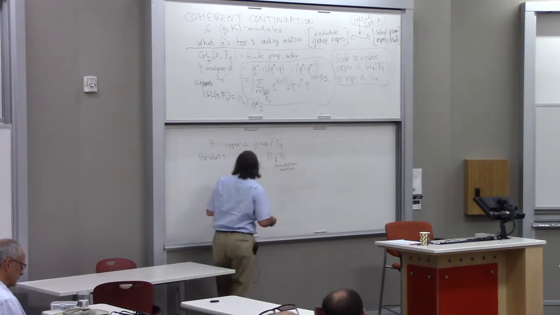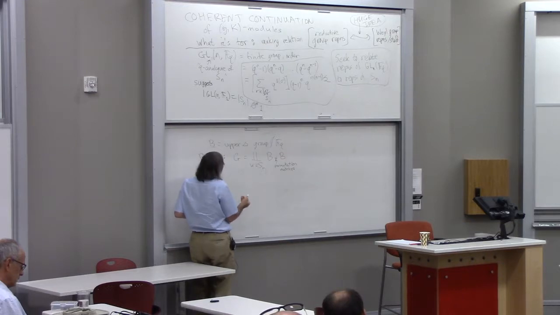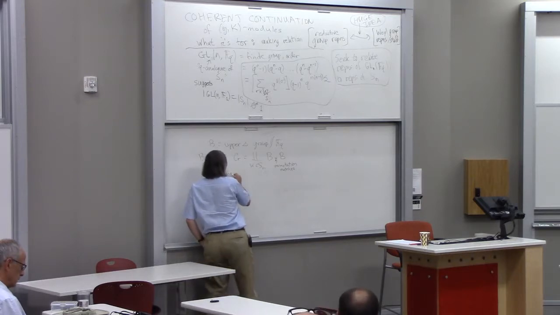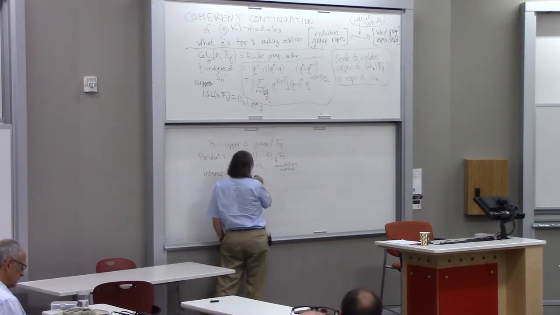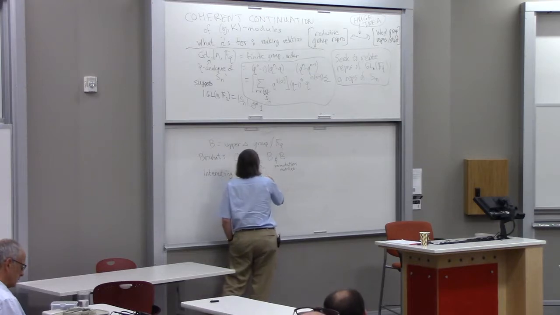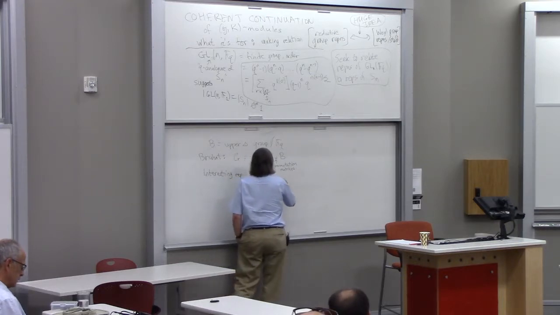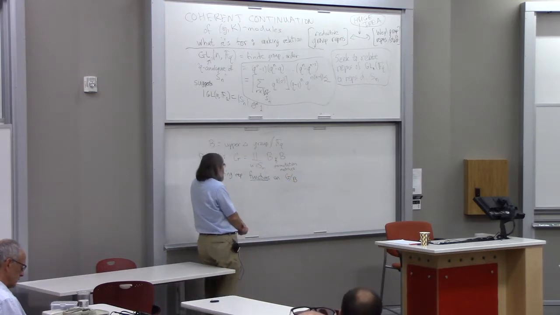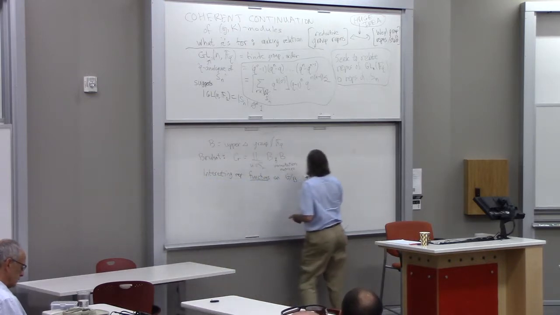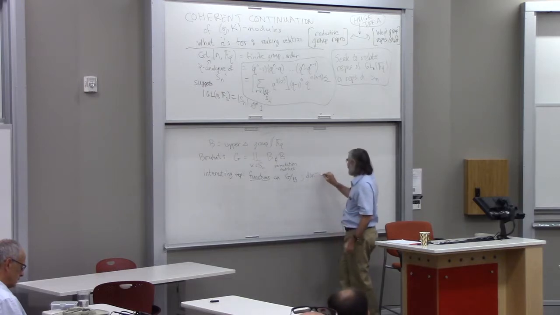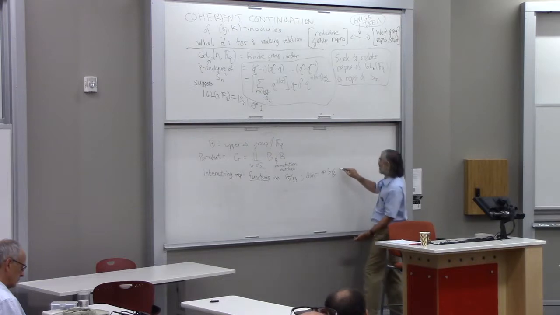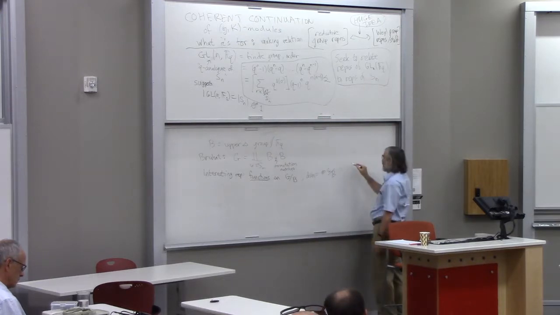And, well, there's an interesting representation, which is the functions on G mod B, and the dimension is the cardinality of G mod B, which is this number that I wrote up here.